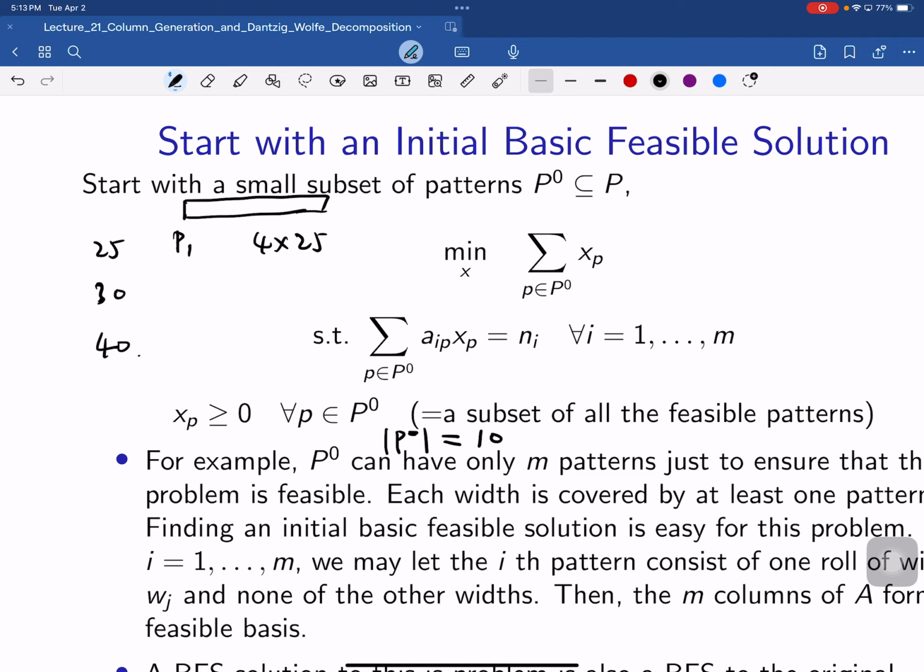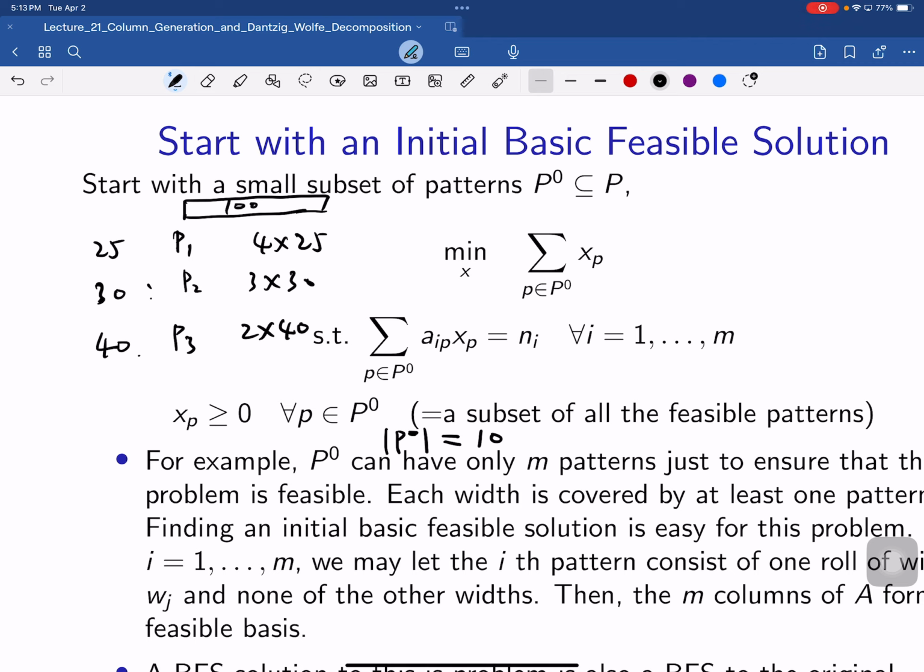That's my first pattern. Then the second one, I'm only going to use it to produce 30 inches, so I will get 3 times 30. That's my second pattern. Then my third pattern, I'm going to produce 2 times 40, if I have length 100 in total.